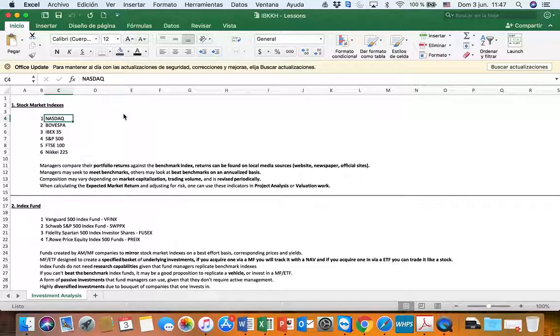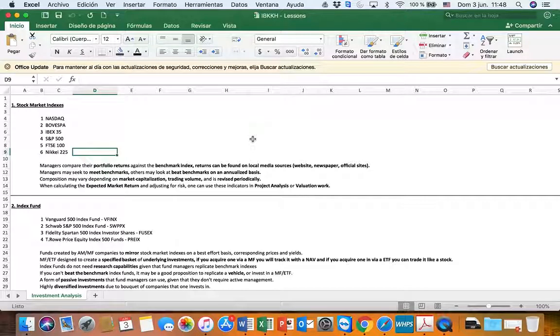These are six representative, geographically diversified indexes. This one is located in the US, this one in Brazil, this one in Spain, this one in the US, this one in the UK, and this one in Japan.